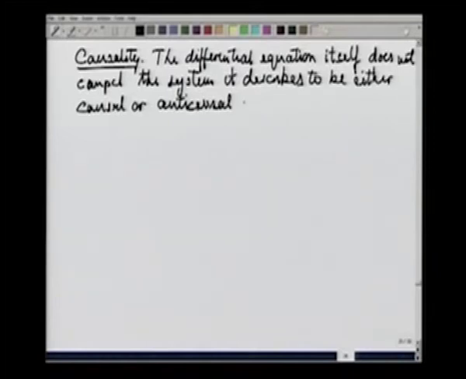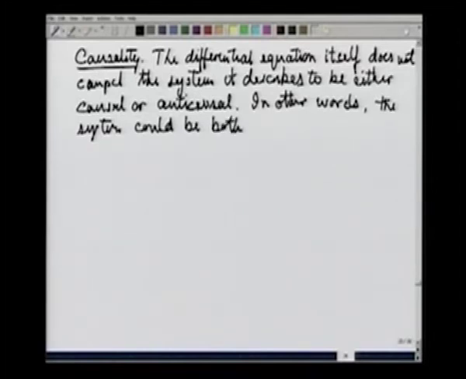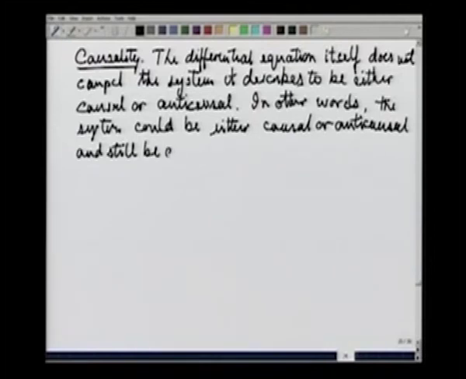In short, or in other words, the system could be either causal or anti-causal, and still be described by the same differential equation.